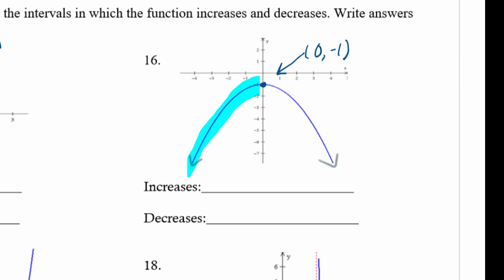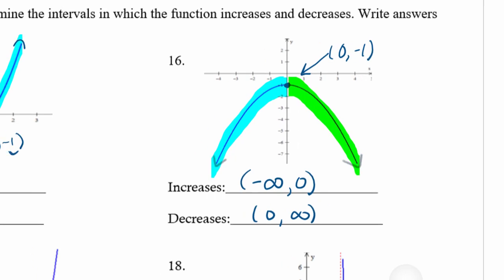So as our x goes from -infinity to that 0 of the vertex, our parabola increases, right? And then on the right-hand side of the vertex, the y values go down, right? So we have a downhill branch there, and so that is the interval where our parabola is decreasing. So again, we're using the x value of the vertex, not that y value.